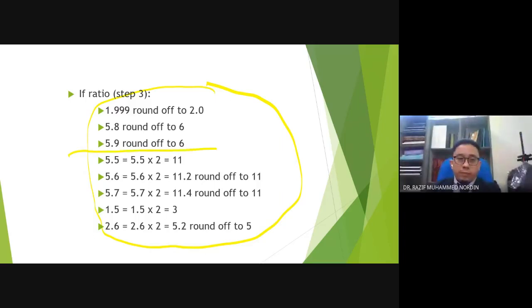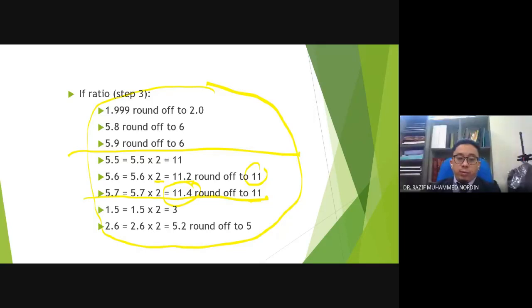Okay. 11, 5.6 round into 11 because we times by 2 it become 11.2, so we round it become 11. And the same case with the 5.7, contoh ya, times 2, 11.4, so you round off dia, bulatkan dia, you akan dapat 11.